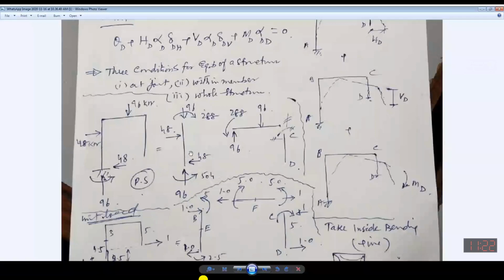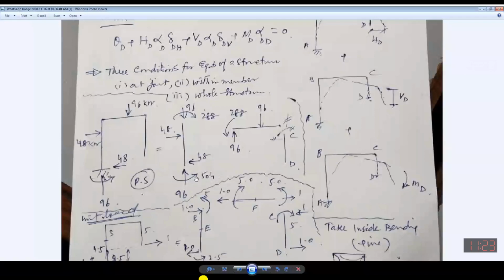Now see that this is a member. This is 48. This is 48. Cancelled. 96 and 96 cancel each other. This is 504. And this is 288. If you see over there at this joint, you will see that the effect of this one will come out to be 504.